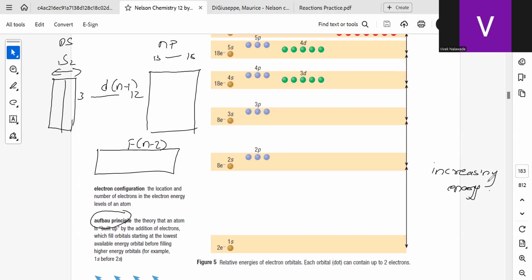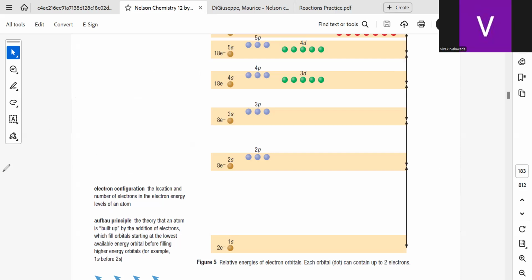So how are electrons filled in an atomic orbital? In increasing energy. Start from lower energy and gradually go to the higher energy. Clear?